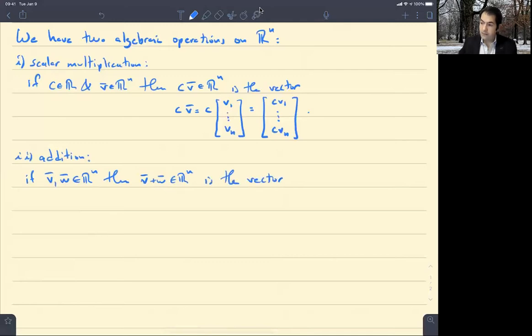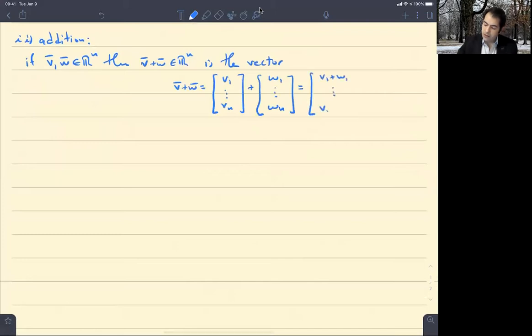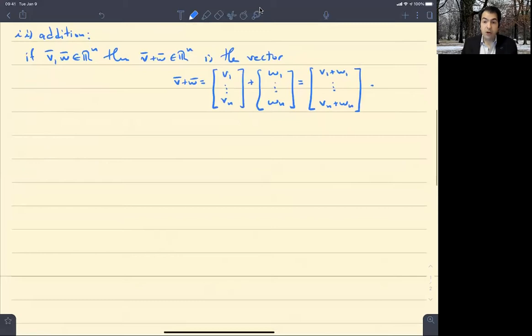So this is the vector V plus W. Well, if V had coordinates V1 through Vn, and W had coordinates W1 through Wn, then V plus W has coordinates V1 plus W1 through Vn plus Wn. Okay, so later we will see that any set with these two operations is called a vector space. So what we're saying at the moment is that Rn is a vector space.